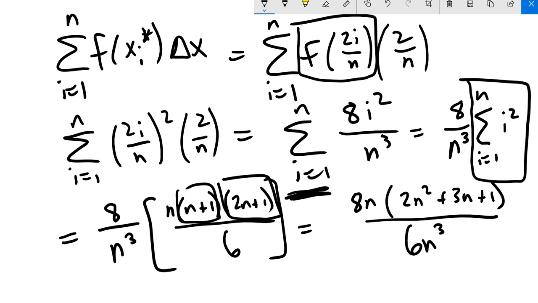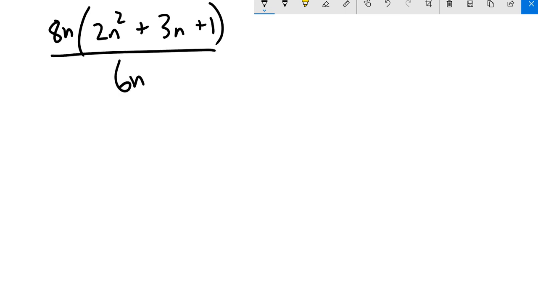Okay, so let's simplify this even further. I'm going to go to the next screen. So let's rewrite that at the top just to have it handy. We had 8n times 2n squared plus 3n plus 1 divided by 6n cubed.